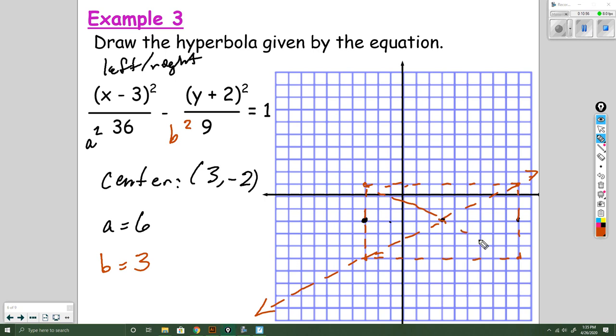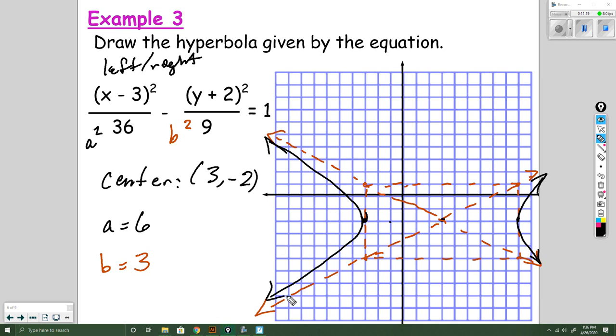Oops. I need to draw that line, and for it to be a dotted line. And now let's draw the rest of the function. We have the right side, and then we have the left side.